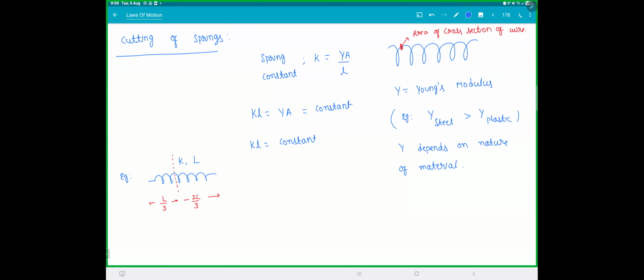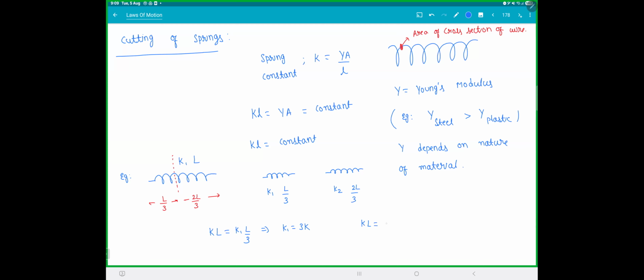You constructed two springs. Let this be K1, L by 3. This will be K2, 2L by 3. So this formula says K into L is constant. So K into L is K1 L by 3. K1 becomes 3K. So whenever you cut a spring, it actually becomes stronger.